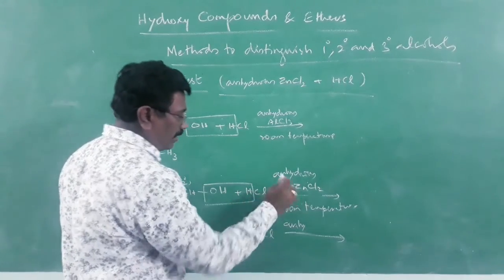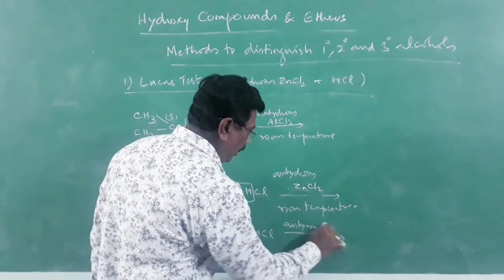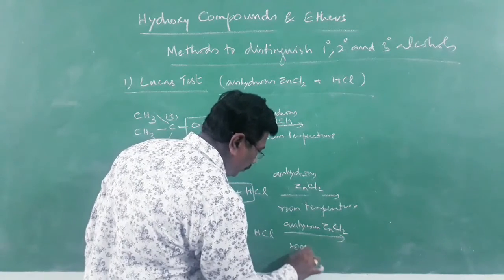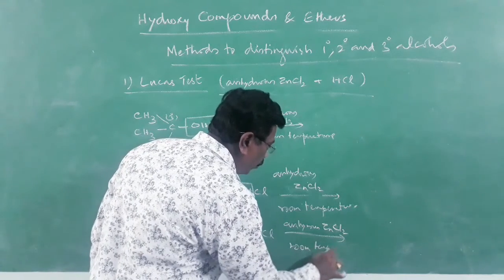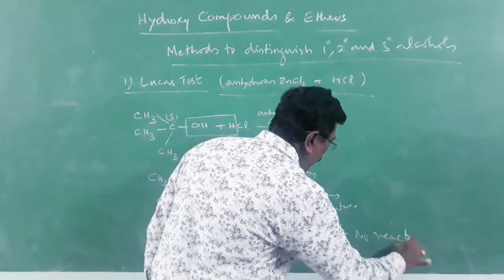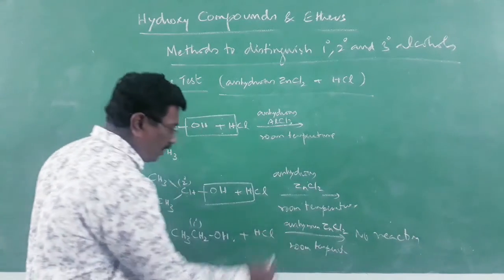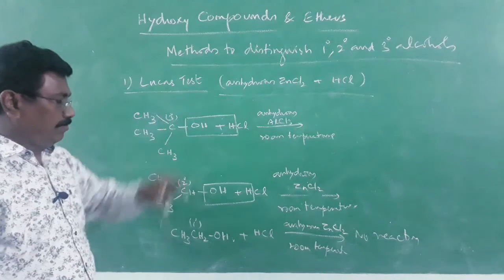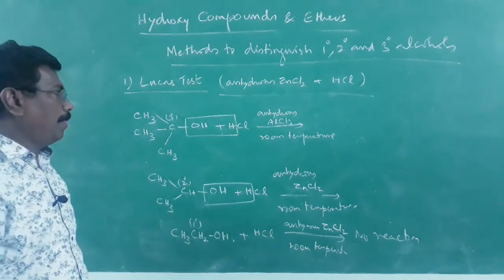For dehydration, anhydrous zinc chloride. Room temperature. Here at room temperature, no reaction. Primary alcohol does not react with Lucas reagent at room temperature. It will not react at room temperature.